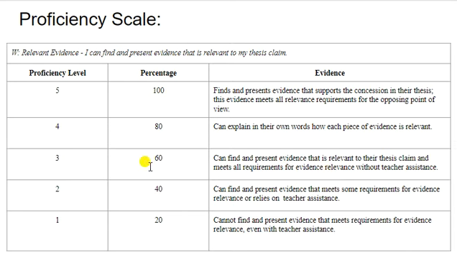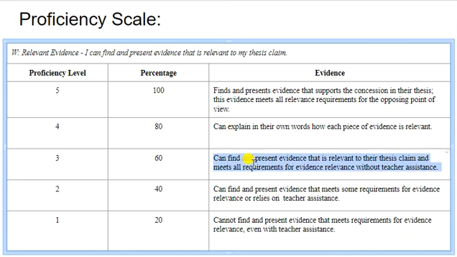Okay. To get a 4, so we're starting to get up into the B range, you can do everything for a 3, and you can explain in your own words how each piece of evidence is relevant. So you're explaining how the evidence meets all the requirements for evidence relevance, which of course you'll learn all about in this playlist. Now to get to the very top, to get a 5, which is getting to a high A, you can do everything here, and you can find and present evidence that supports the concession in your thesis.